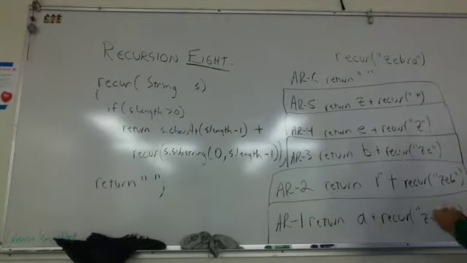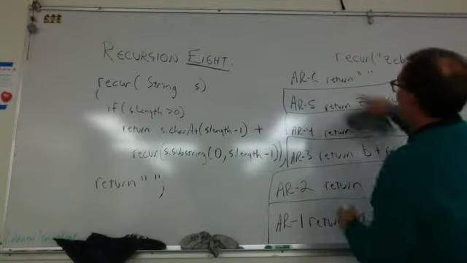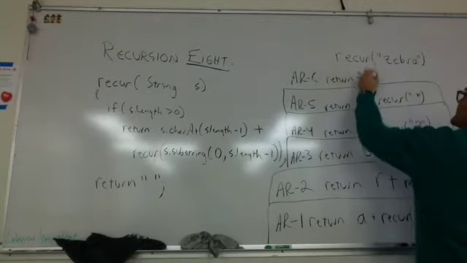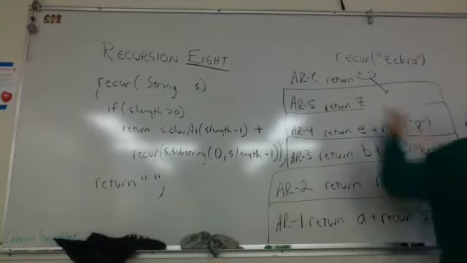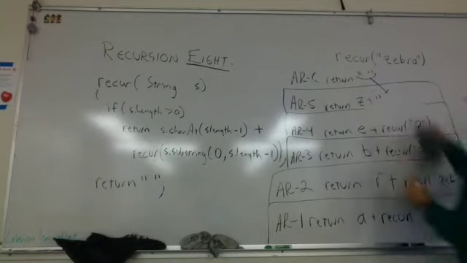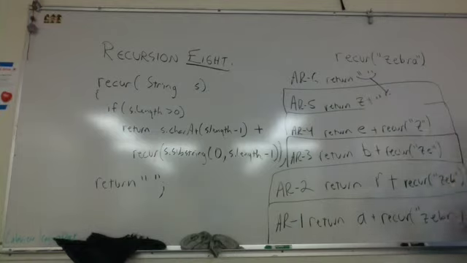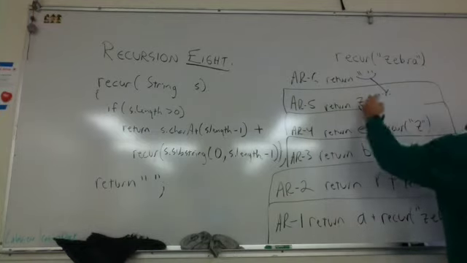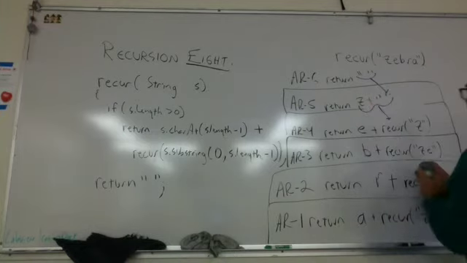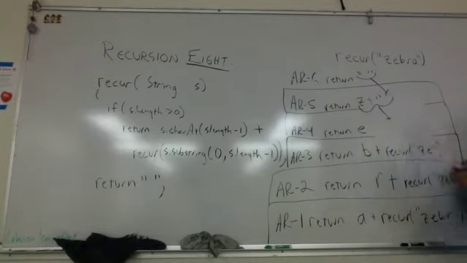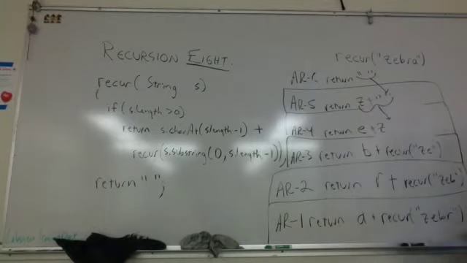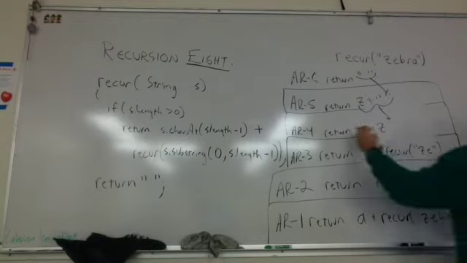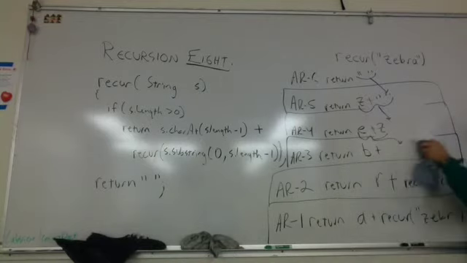So what happens? This goes in place of that method call. So we've got Z plus nothing at the end. So it's just Z. This gets returned for that method call.